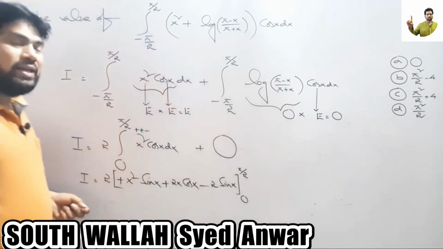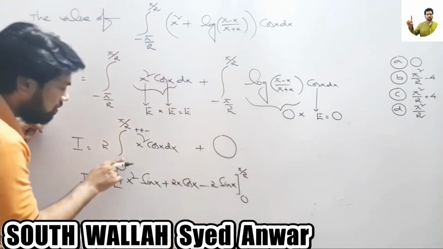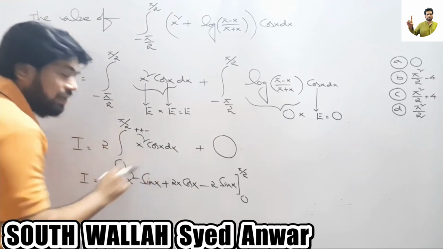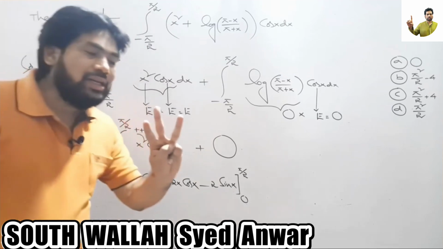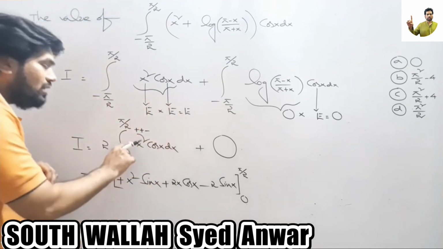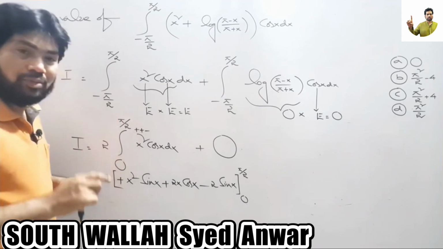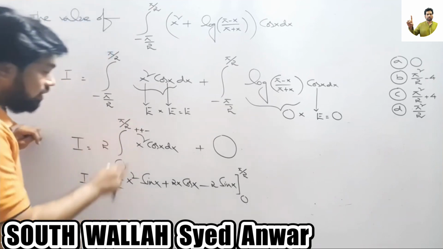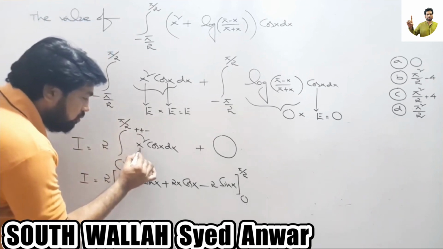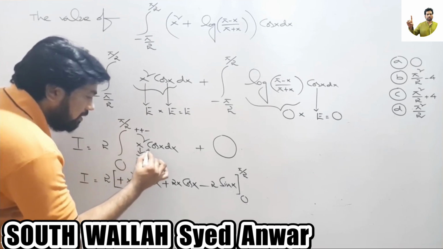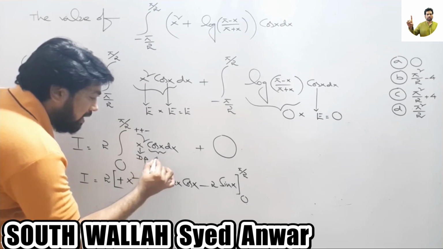Once again I will explain. The limits are 0 to pi by 2. The degree I have calculated is clearly 3, so I have taken 3 signs: plus, plus, minus. It is going to be the differentiating part, then the integrating part.